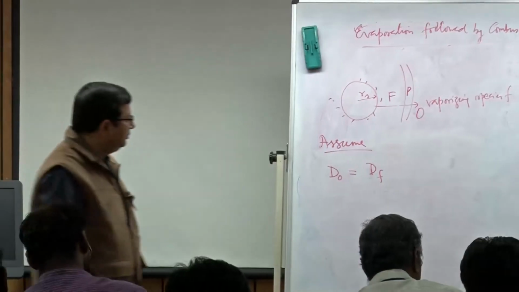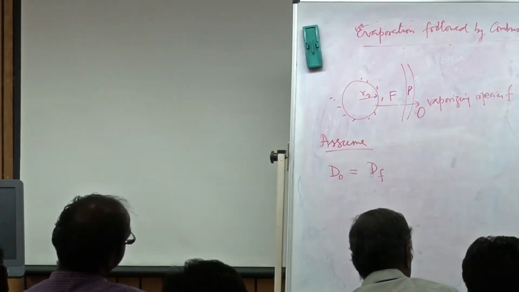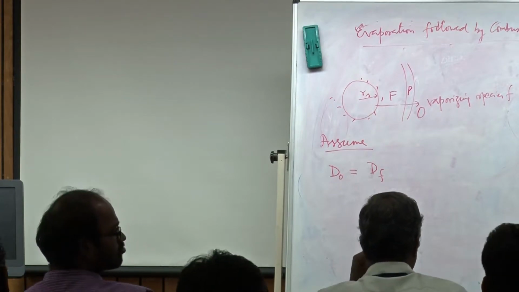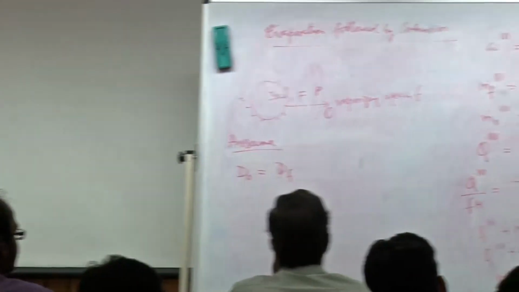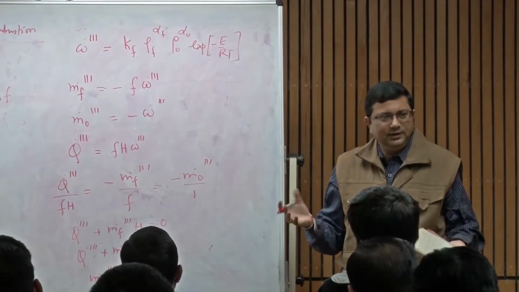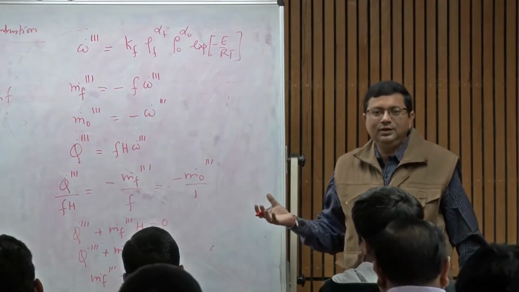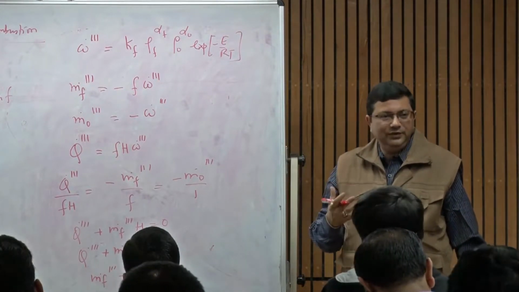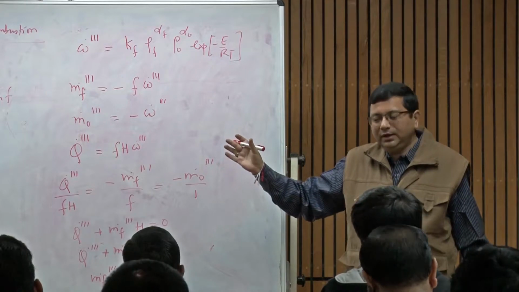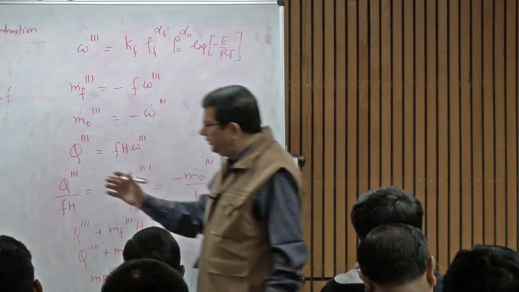That we can assume if both have, after vaporization, almost equal density. Typically, most of the hydrocarbons and oxygen have almost the same density after evaporation, so it is a fairly good assumption. However, if you are using hydrogen, then there is an order of magnitude difference in diffusivity.